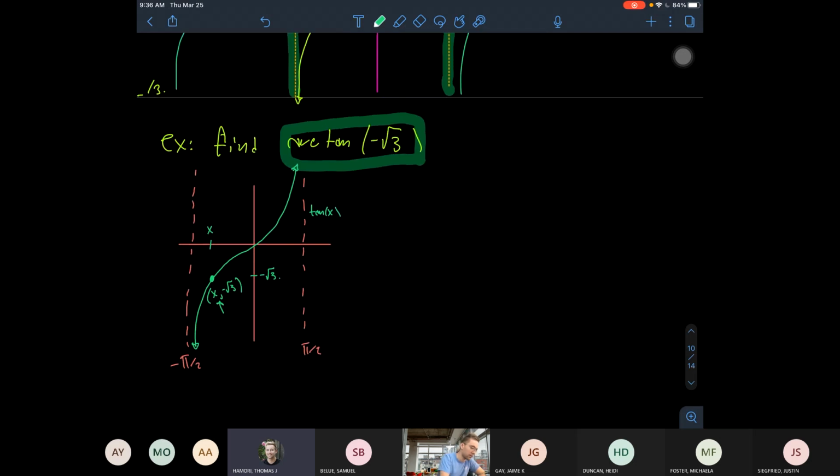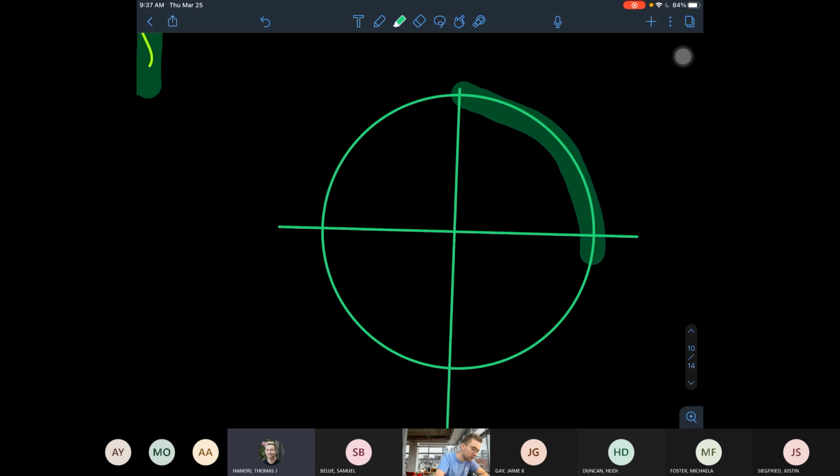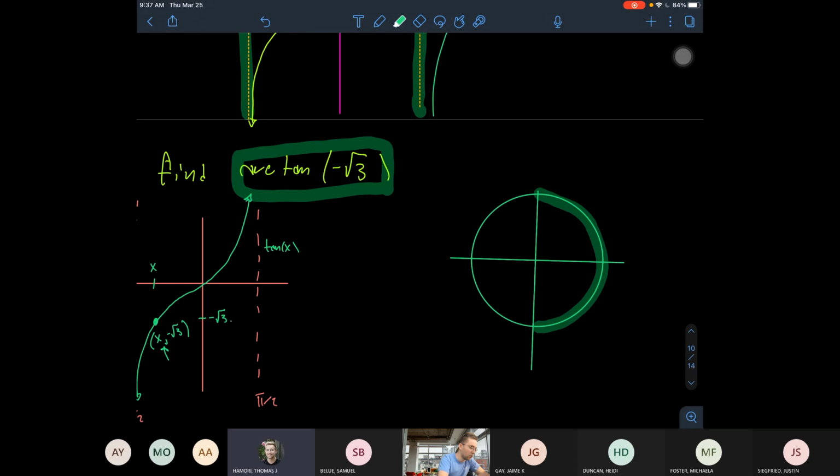The other way I can think about this is the following. I can draw the unit circle. And since I'm working with tangent, I know I should be thinking only about the right-hand side of the graph. And I want to draw a point on the unit circle whose length to the x-axis is negative square root 3.